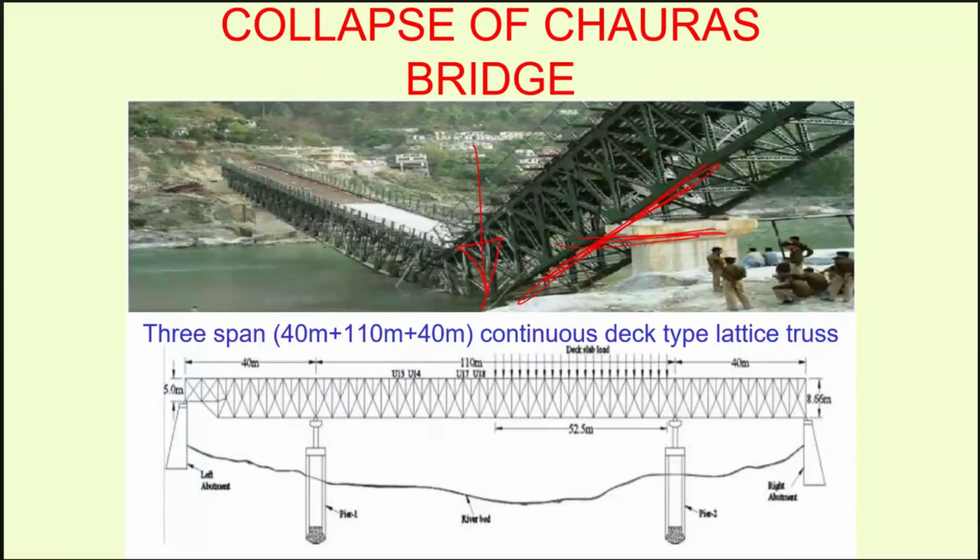That it sags in the middle because of the load, and at the end it has been lifted. It is a 3-span, and this span has been lifted. At this end, if there had been a proper anchoring arrangement, it would not have had the problem. This type of disaster needs security deployment.